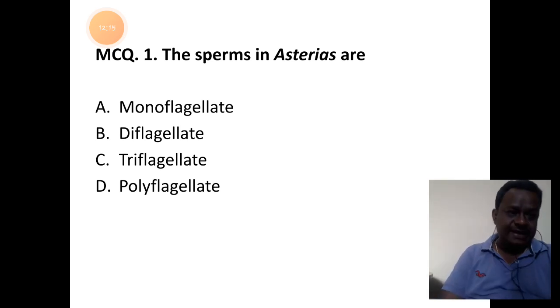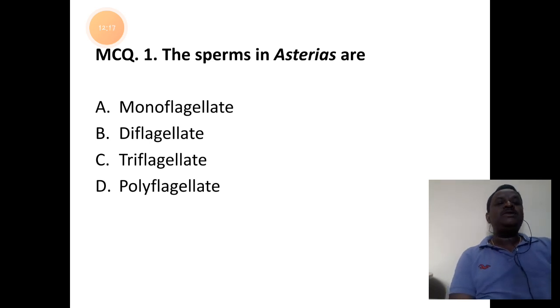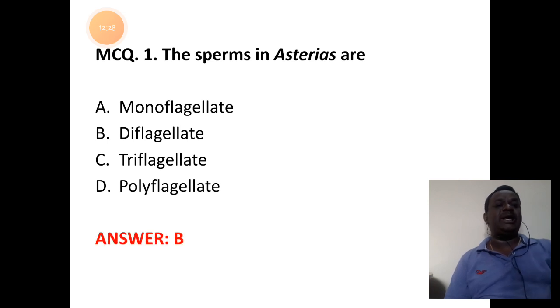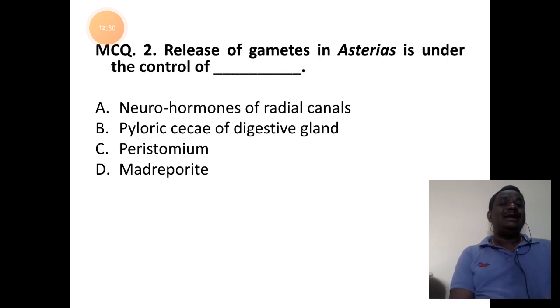The first question is, the sperms in Asterias are what type of flagellate type? Is it dinoflagellate or diflagellate? Answer is B. The release of gametes in Asterias is under the control of neurohormones of radial canal.